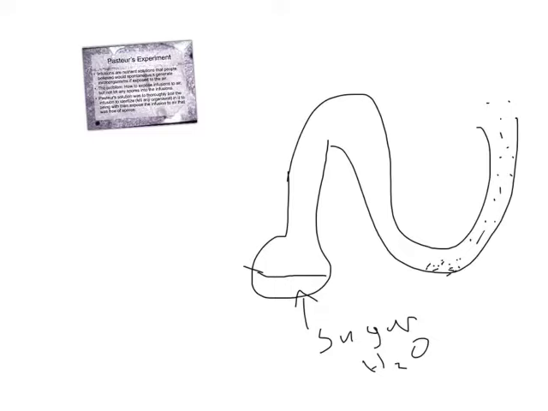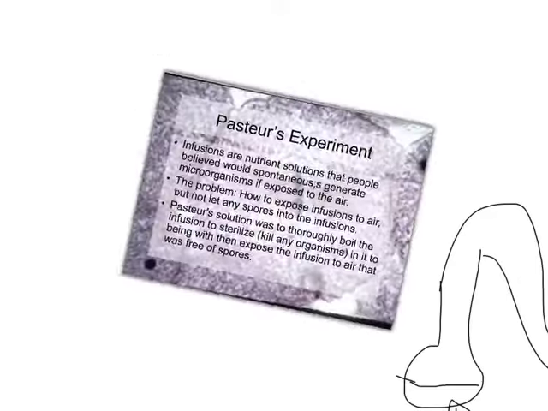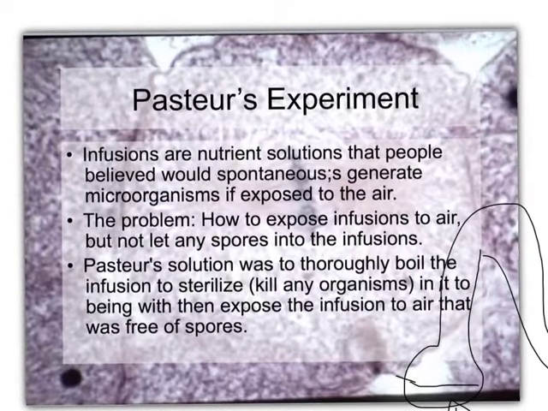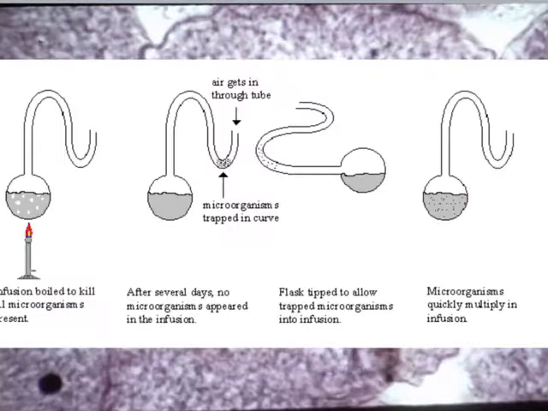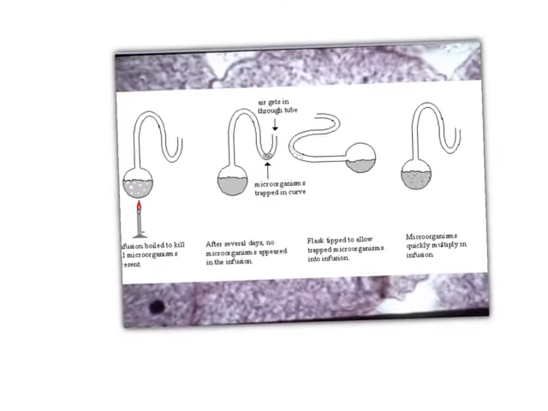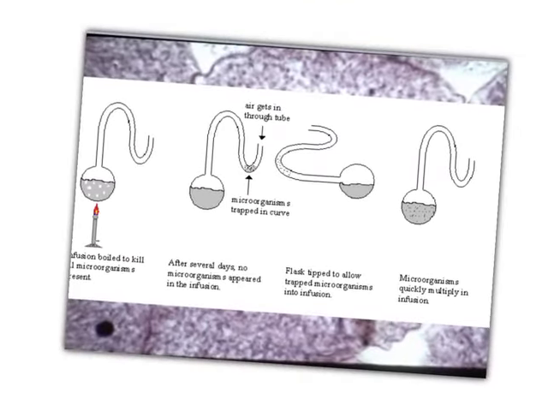So now all of a sudden, he proves it right. He says, look, there's nothing growing in here. But people say, it's because the infusion wasn't allowed to get in, or you killed off the materials in here that allowed infusions. He also had a simple solution for that as well. So here's his experiment, just as I explained it. He boiled it, okay?